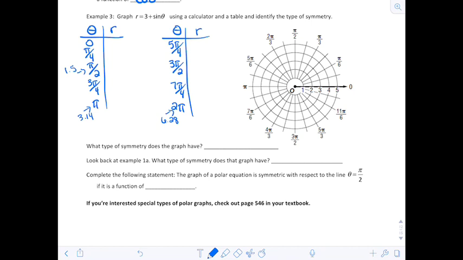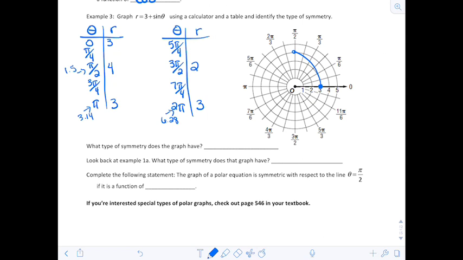So I have that 0 goes with 3. Pi over 2 goes to 4. Pi is back at 3. And 3 pi over 2 is at 2. And 2 pi is 3. So at 0, we have 3. At pi over 2, we have 4. So I'm going this way.